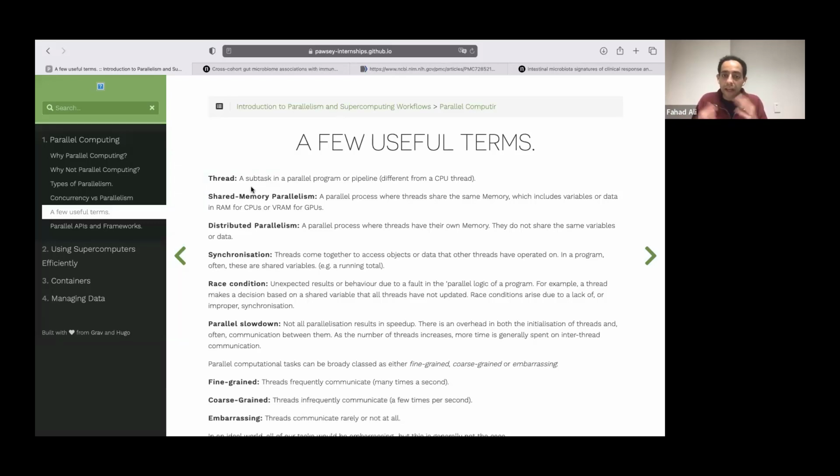That is synchronization. The threads will access a data, object, or variable that other threads also have access to.